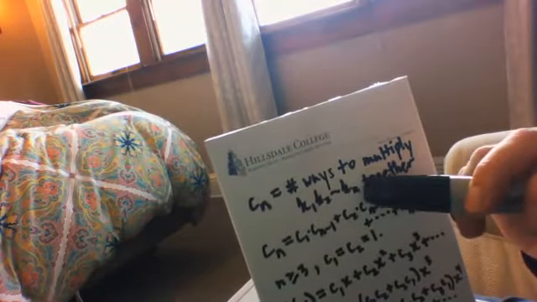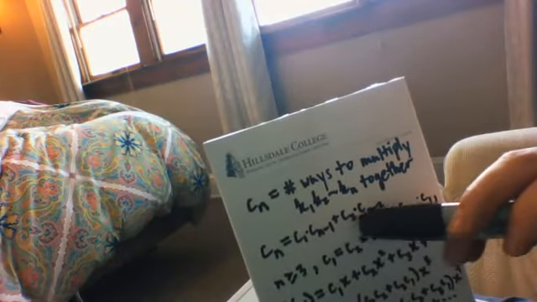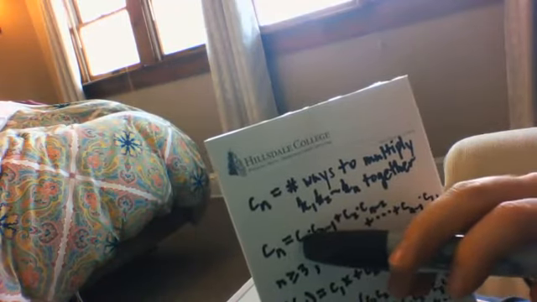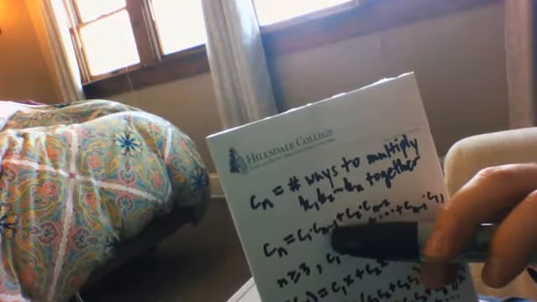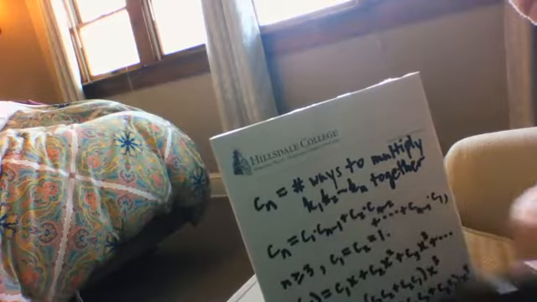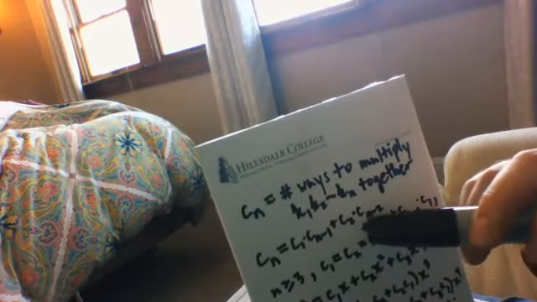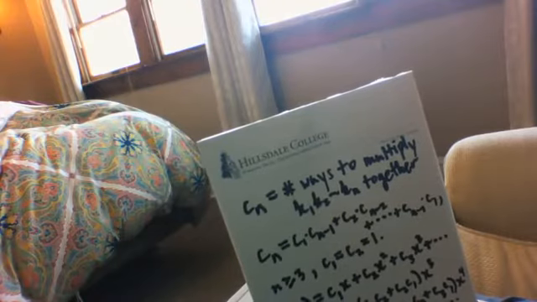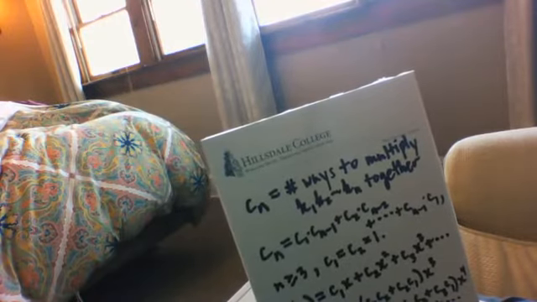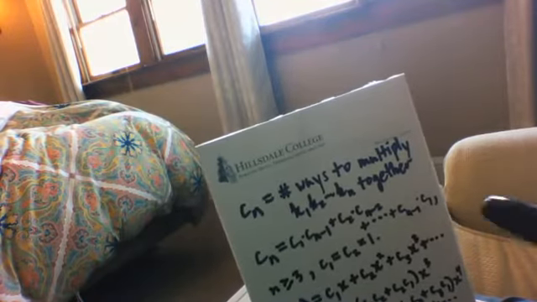So you could either break off the first thing and the last n minus 1 things. And so that's where, in this recurrence relation I've written right here, you get C1, the number of ways to multiply one thing together, times Cn minus 1, the number of ways to multiply n minus 1 things together, plus C2 times Cn minus 2. That's what you would get if you broke off the first two things and the last n minus 2 things.